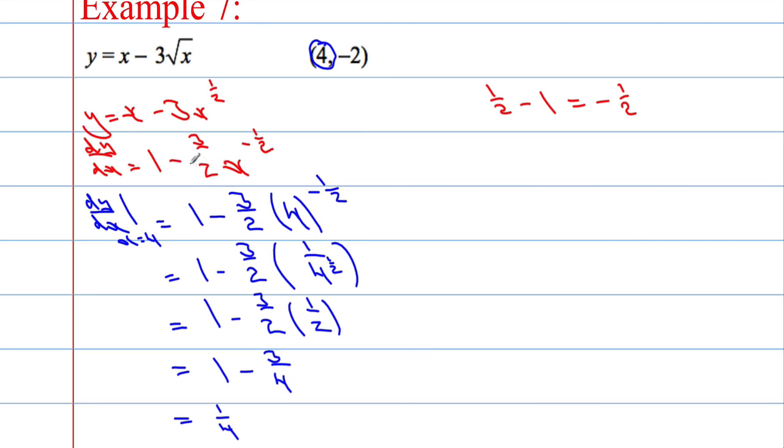This is a gradient function. The gradient function allows me to find a particular gradient at a particular value of x. In this case, x equals 4. So the gradient at that point is a quarter. So we're going to use y minus y1 equals m times x minus x1.